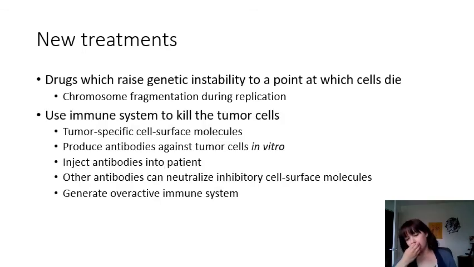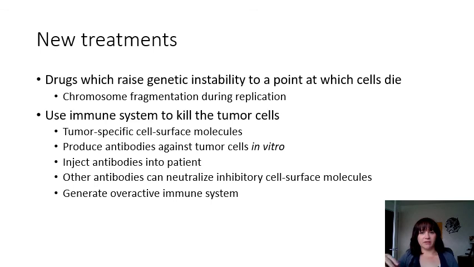A second strategy that you may have heard of in the news is using the immune system to kill tumor cells. So what if we could tell our immune cells that these tumor cells are foreign, that they are not our cells, and that they need to be killed? That'd be pretty cool. And so what scientists have been doing is identifying the surface markers of cancer cells and then injecting those proteins or those molecules into a patient.